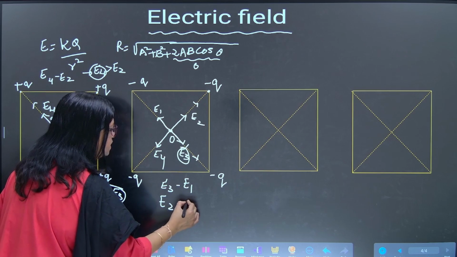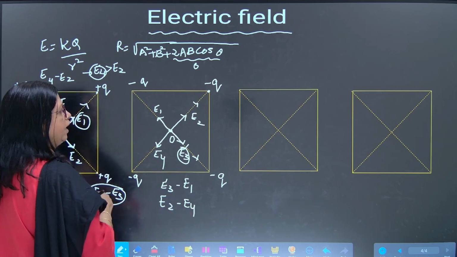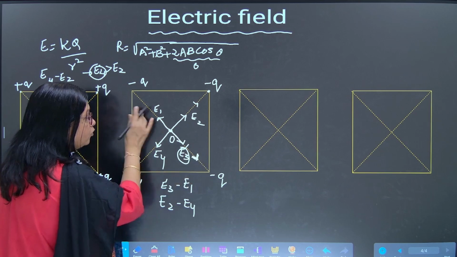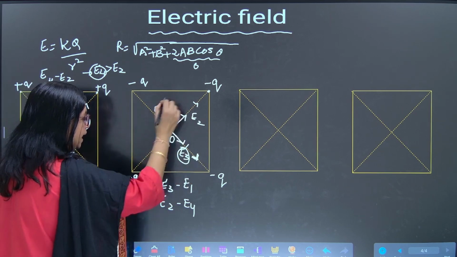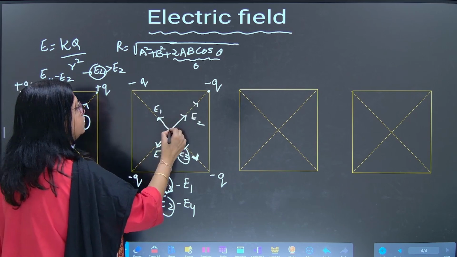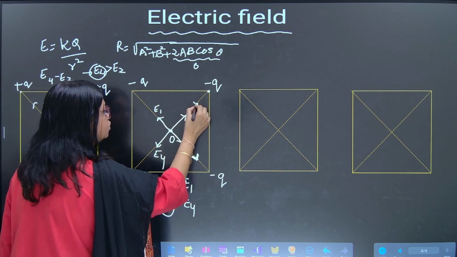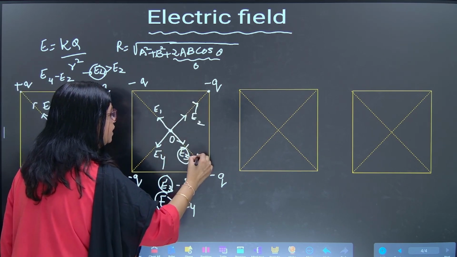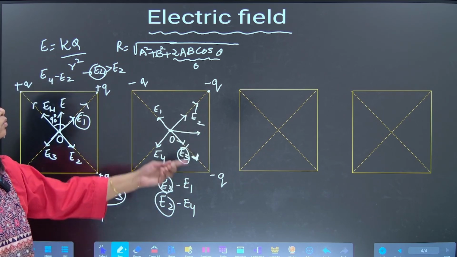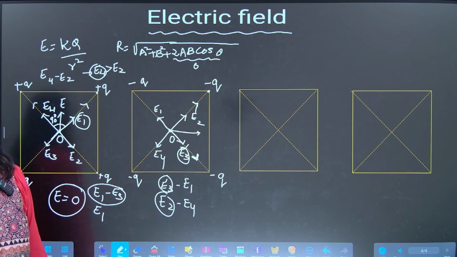E2 minus E4. Fine. In this case, E3 was bigger, so the resultant is here for this diagonal. And for this diagonal, E2 was bigger, so resultant is here. So what is the resultant of these two now? This direction and this direction? Again, use the resultant and find out.